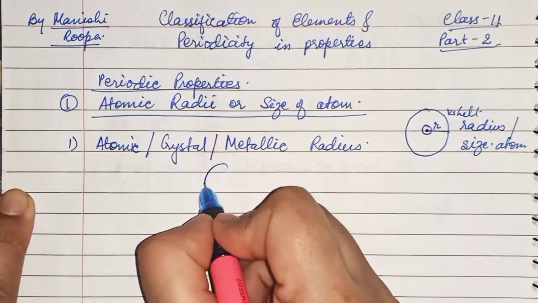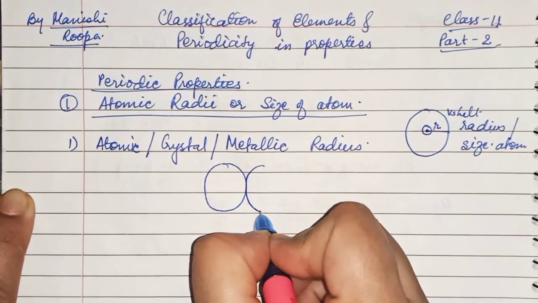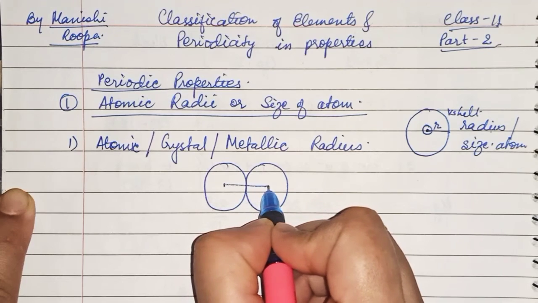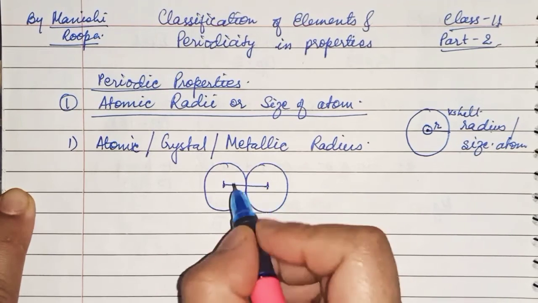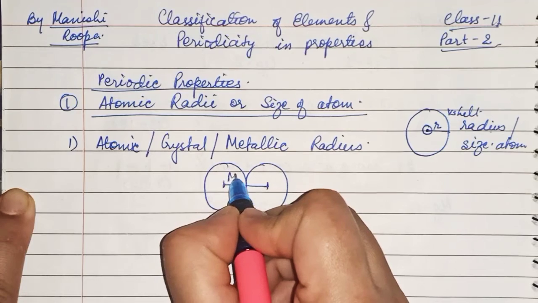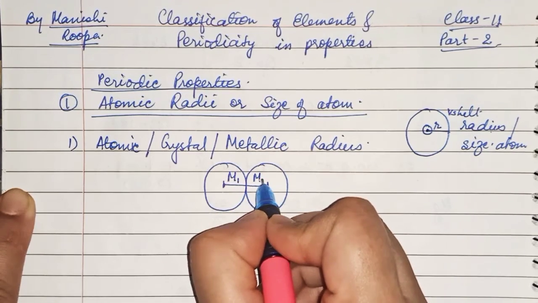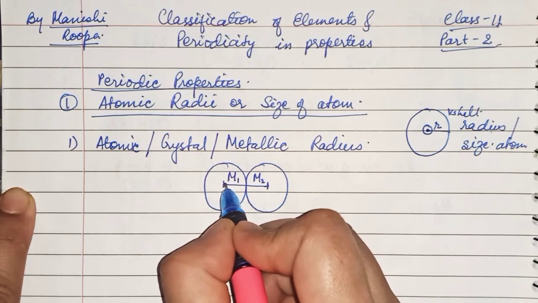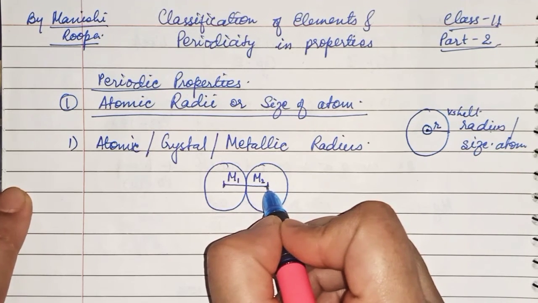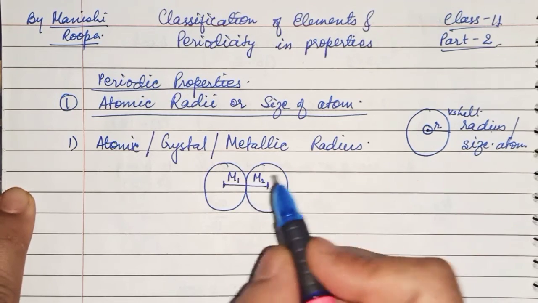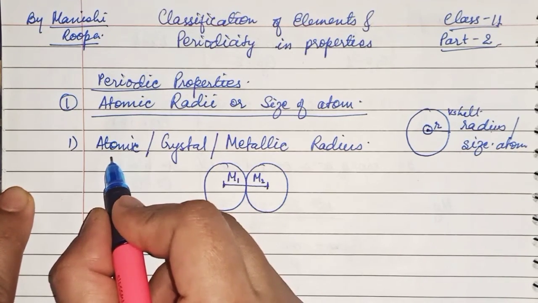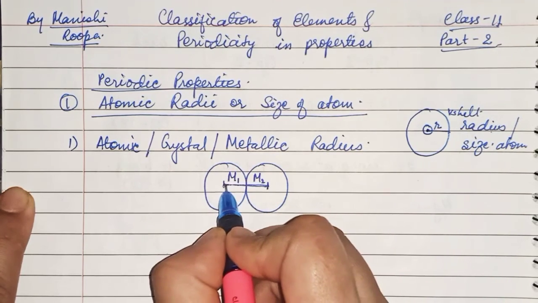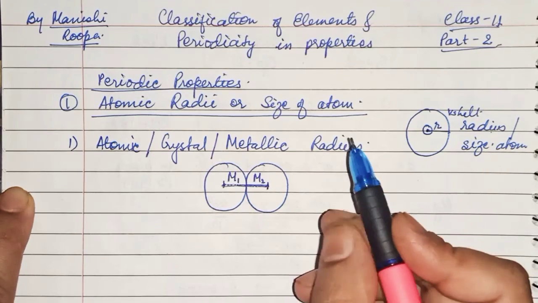When two atoms are combining and touching the boundary or valence shell of each other, the distance between the first metal atom and the second metal atom, or the radius of the first atom and the second atom of the metal, will give you the atomic, crystal or metallic radius. This distance is the atomic, crystal or metallic radius.